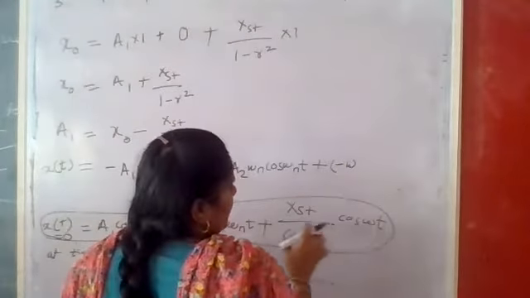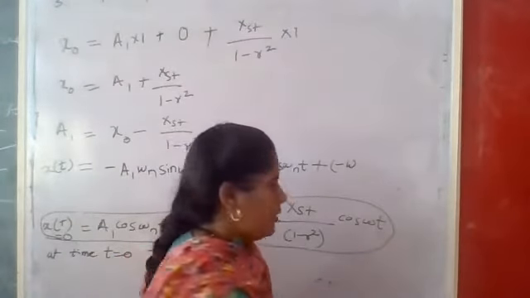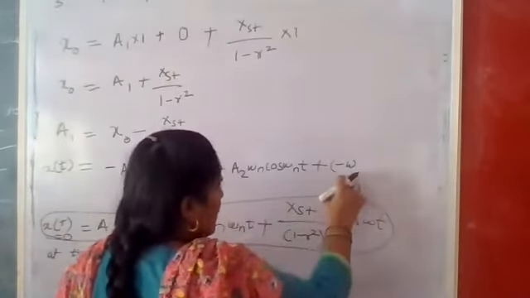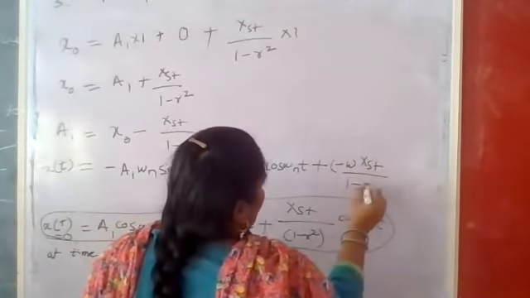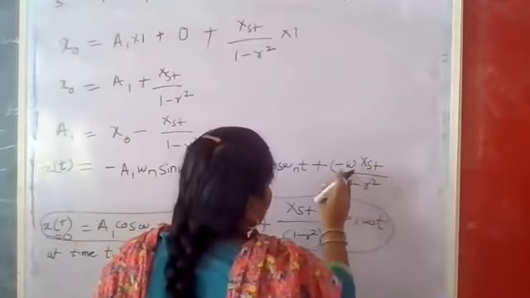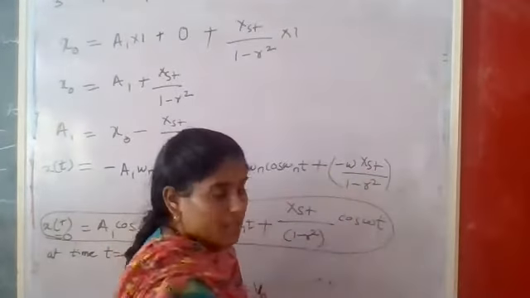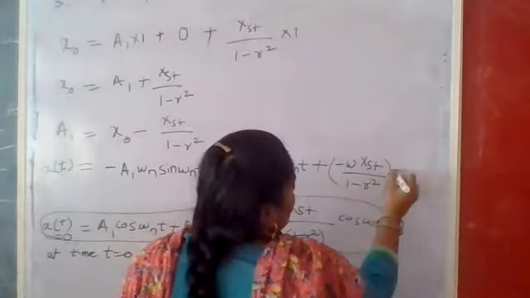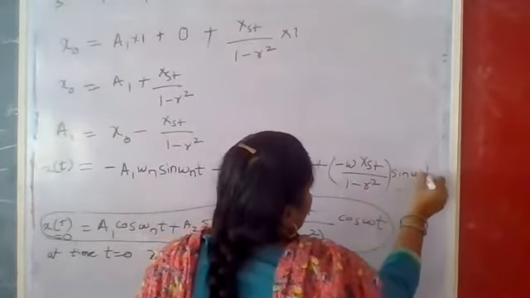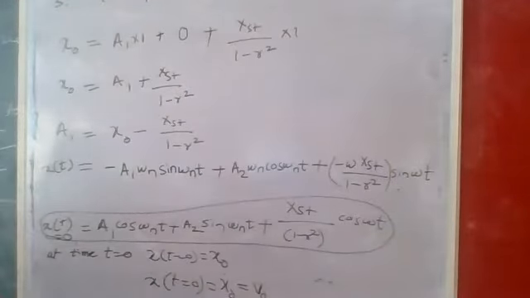We are taking the derivative with respect to t, so omega is outside, into xst divided by 1 minus r square, that is also constant, into derivative of cos, which is minus sin of omega t. बघा समजलं का डेरिव्हेटिव्ह काय घेतले ते?